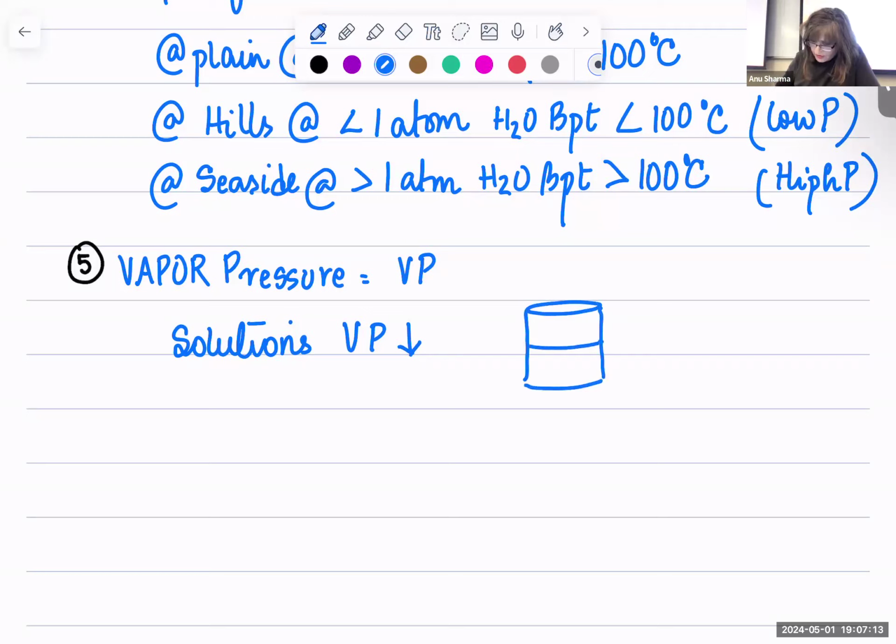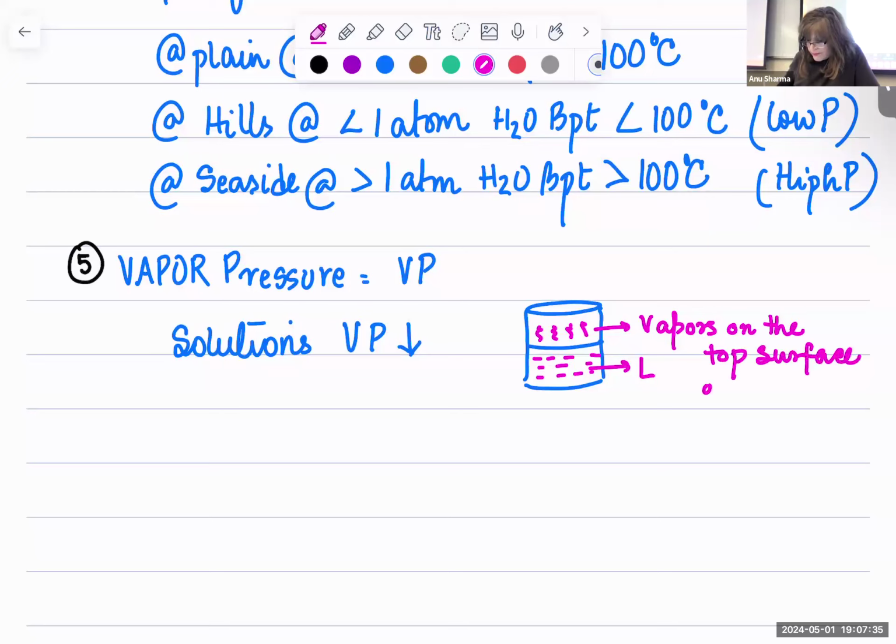Here is the water in the liquid state, and when you boil it, you will see the vapors accumulating on the top surface of the liquid. Clear? All right, the rest of it is the gas laws.